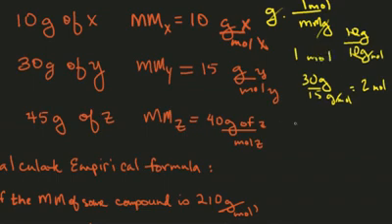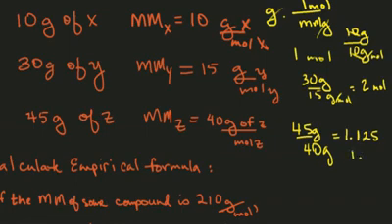And then finally, when you do 45, you get 1.125, which I'm going to say is good enough for government work in this case, because I'm not trying to go down that road of multiplying by a whole number. We're just trying to learn the basics here.